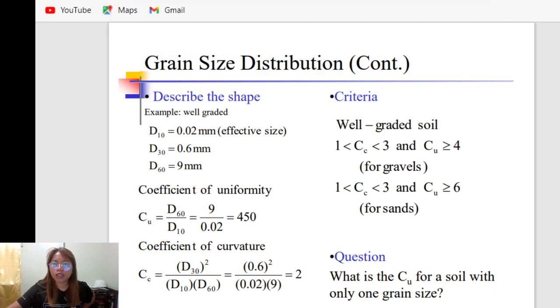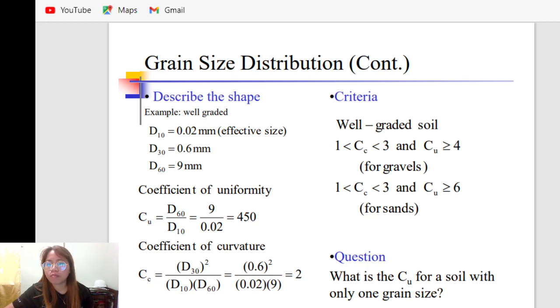To determine the coefficient of uniformity, denoted as C sub u, that is equal to D60, the size of the soil at 60% passing, divided by the size of the soil at 10% passing. That is 450. This is for the well-graded. And the coefficient of curvature.